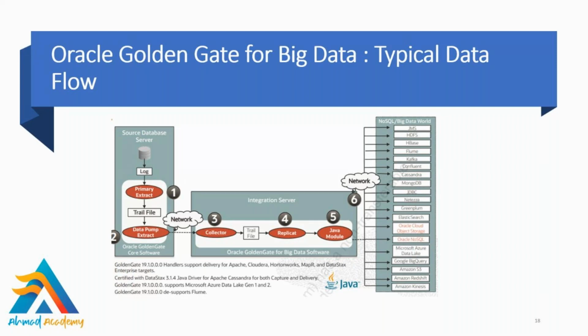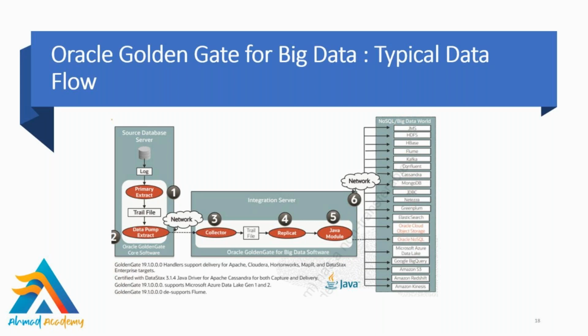Third, the collector process on the integration server receives the trail file sent by the data pump process on the source database server. Fourth, the replicat process on the integration server reads the trail file and sends the transaction data to the Java module. Fifth, the Java module receives the transactional data and dispatches it to the appropriate target module.